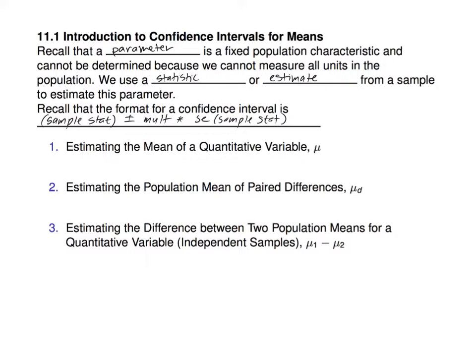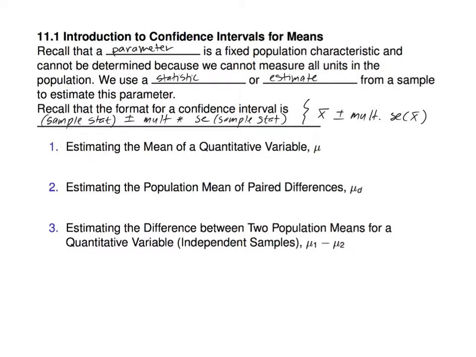For the previous lesson, we had two kinds of sample stats. They were either p-hat, in chapter 10, like one proportion, right? The other one, which you did on Friday, was p1 hat minus p2 hat, the difference in proportions, right? Today, our sample statistic is going to be x bar. So we'll have x bar plus or minus some multiplier times the standard error of x bar.